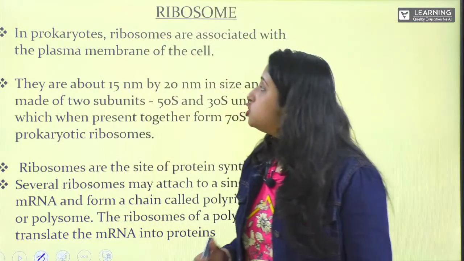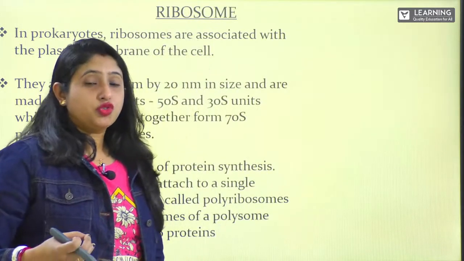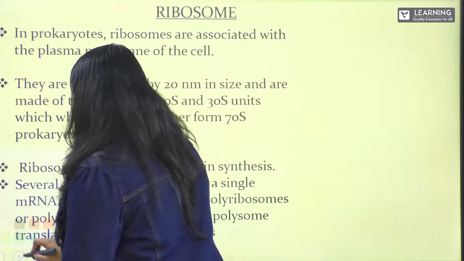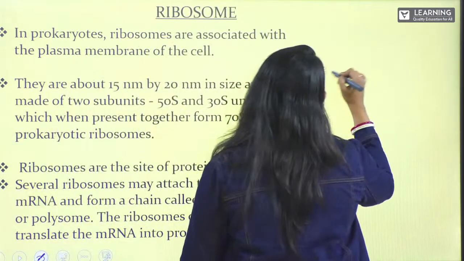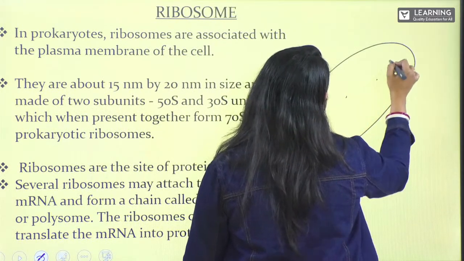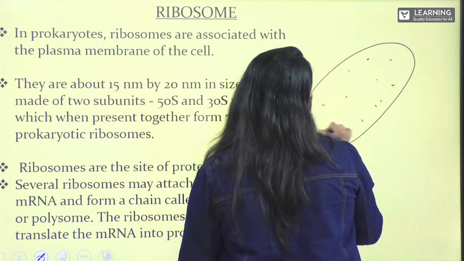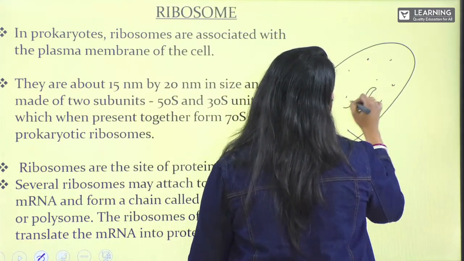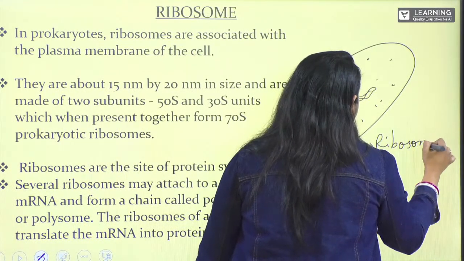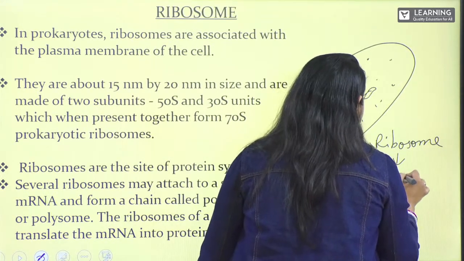In case of bacteria, you know that they have only ribosomes, right? So this dot-like structure which we find inside the bacteria, these are the ribosomes. These ribosomes are responsible for the process of protein synthesis.